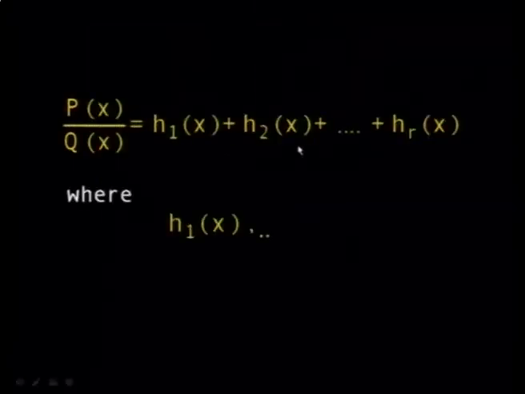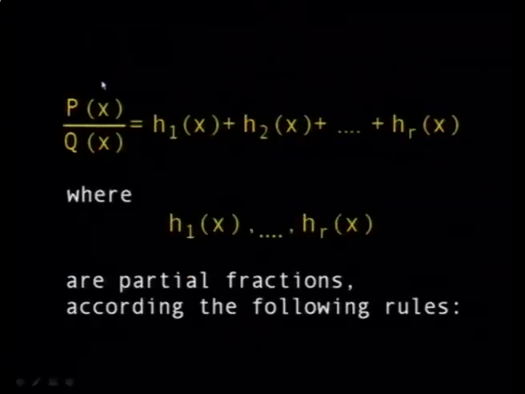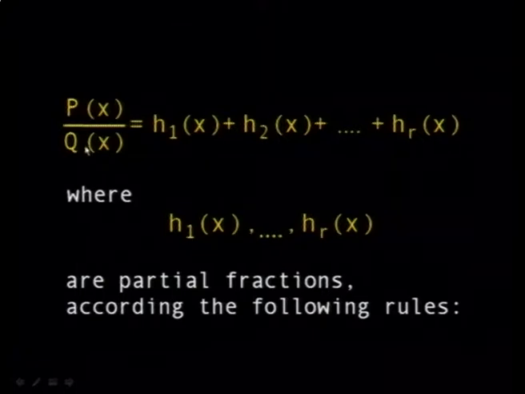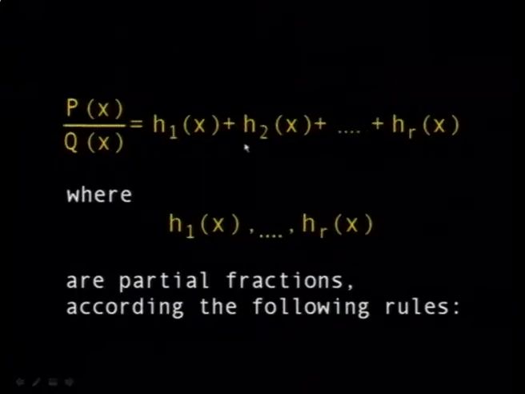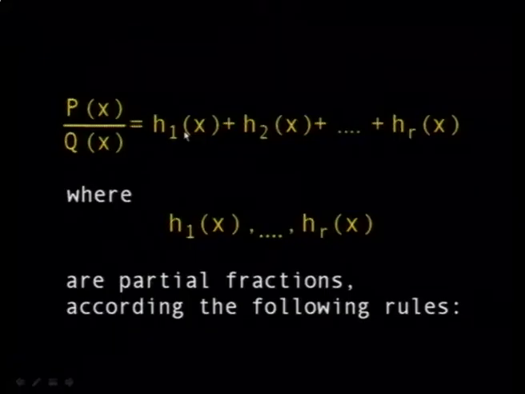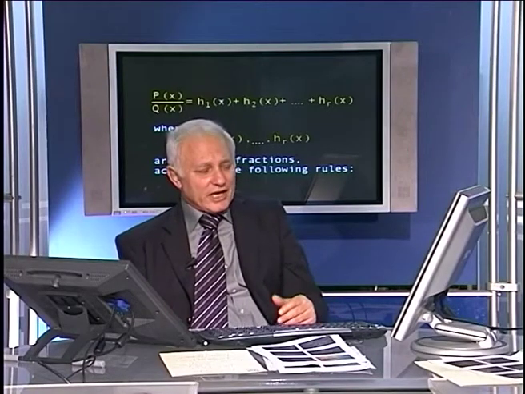So there is a rule for this. Here it is. Now you start with your rational function, P of x over Q of x, and you wish to decompose it into the sum of rational functions, h1 till hr, each of degree less than Q of x. In fact, it's a first degree polynomial, and therefore you can easily calculate its integral.